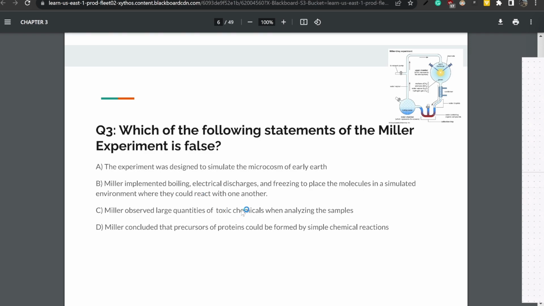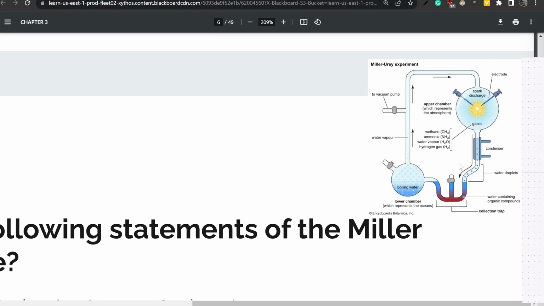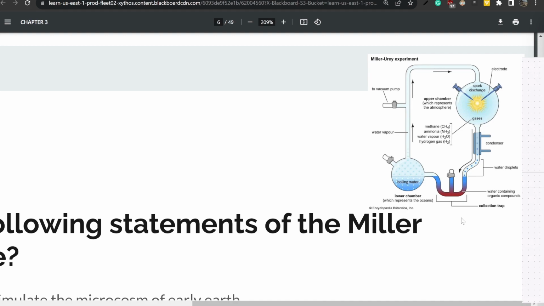Toxic chemicals. I remember that the water turned interesting colors, but now boiling, electrical charges. This sounds right to me. Freezing. I don't remember freezing, but let's just check this image since they provided it so graciously to us. Electrode, spark discharge, gases, condenser, vacuum, water, boiling, water droplets, water containing. Okay, so ammonia, methane, water vapor.